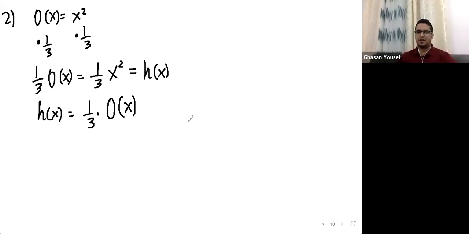How can I graph the function h of x now? You have to ask yourself two questions. Is the 1 over 3 outside the function? And what is the value of 1 over 3, is it greater than 1 or between 0 and 1?